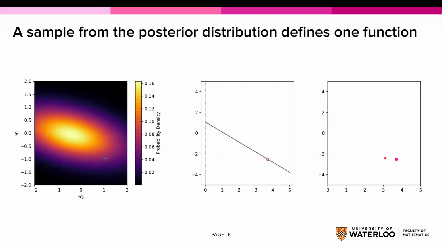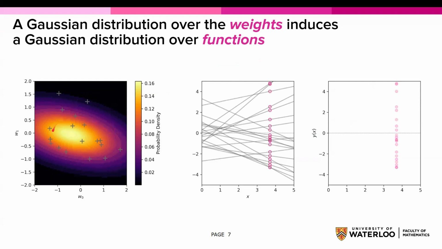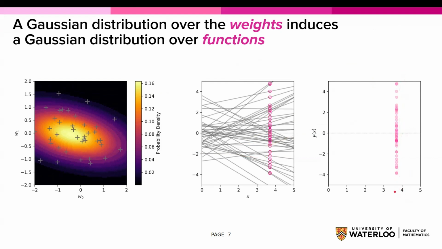But yeah, that's just one potential function out of the many that we could have generated from this posterior distribution of the weights. So we can repeat that sampling process. Each time we draw a sample from this distribution, we'll get a different set of weights, and then we'll be able to define a new function, and then we'll get a new evaluation of that function for the same input.